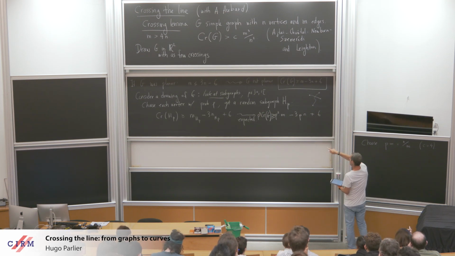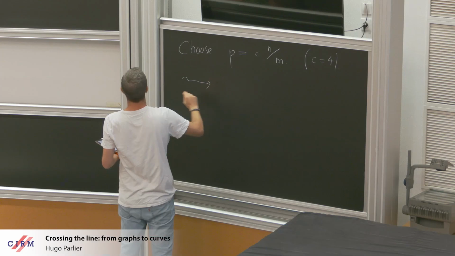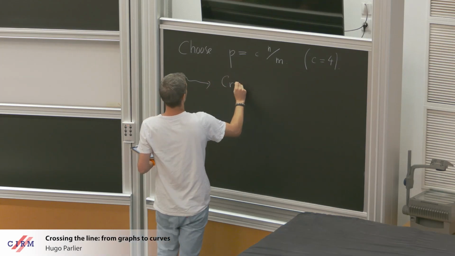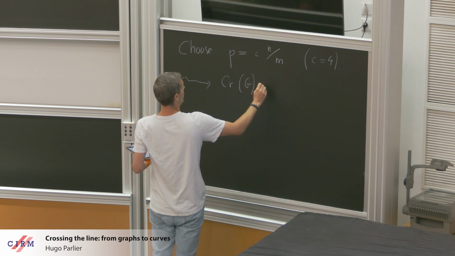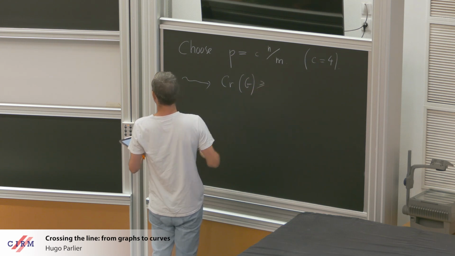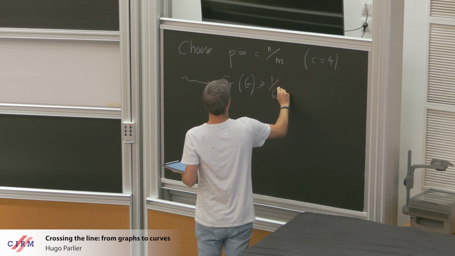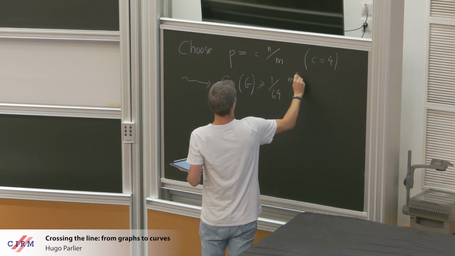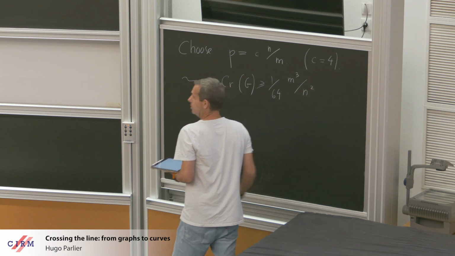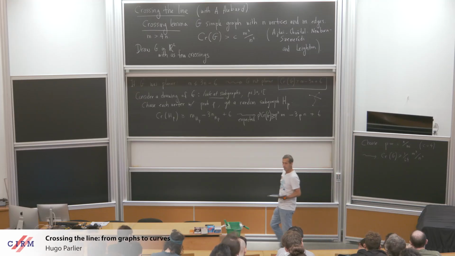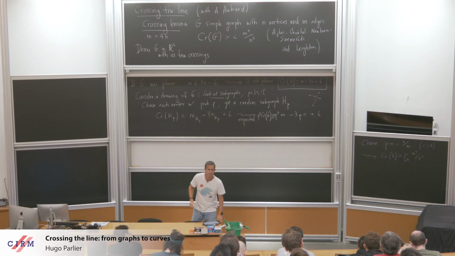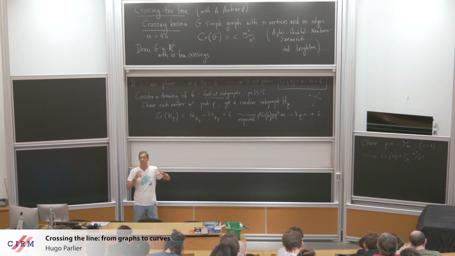Take c equal to 4, and you work out the algebra, and what this becomes is that the crossing number of G is greater or equal to 1 over 64 times m cubed divided by n squared. And you can choose different constants c, try to optimize this in a better way.